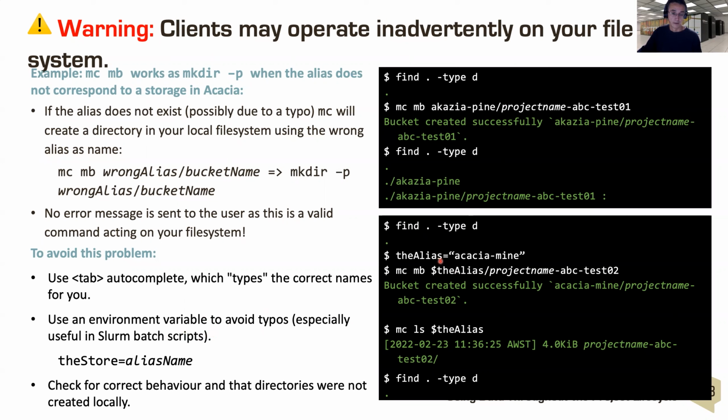That is probably more useful in scripts than in an interactive session, but basically once you define the correct name acacia-mine into a variable, obviously assuming that this is all correct, you can use this variable as the alias instead of typing the alias again every time.